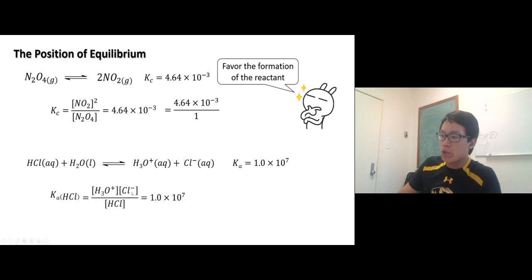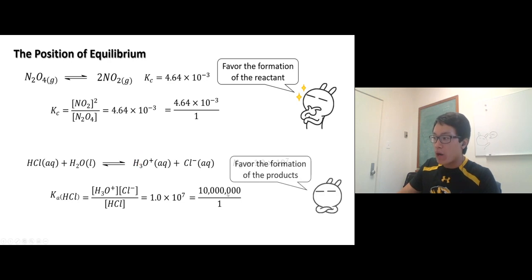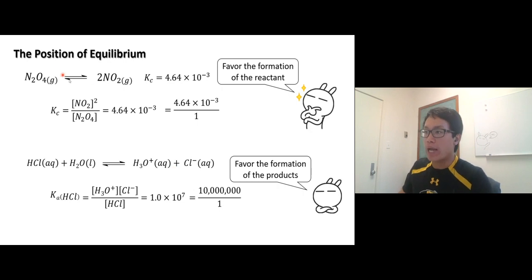Ka equals the concentration of the products over the concentration of the reactants, and that's the number. 10 to the 7 is 10 million, which means this equilibrium favors the formation of the product about 10 million times over the reactant. That's why this reaction goes a lot forward, while the top reaction goes backward to the reactant.